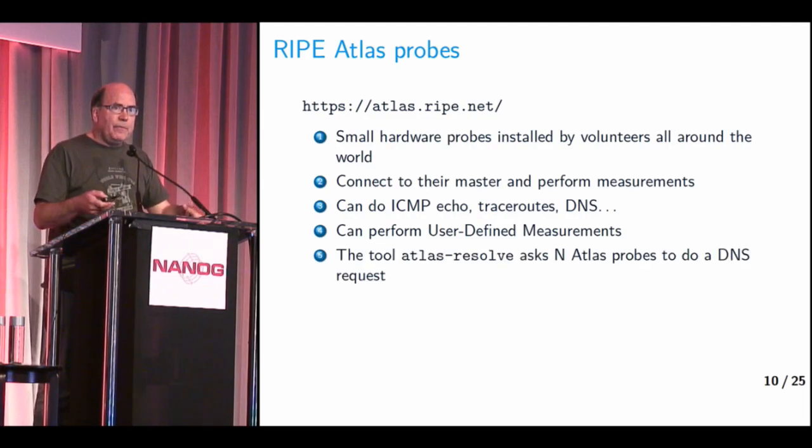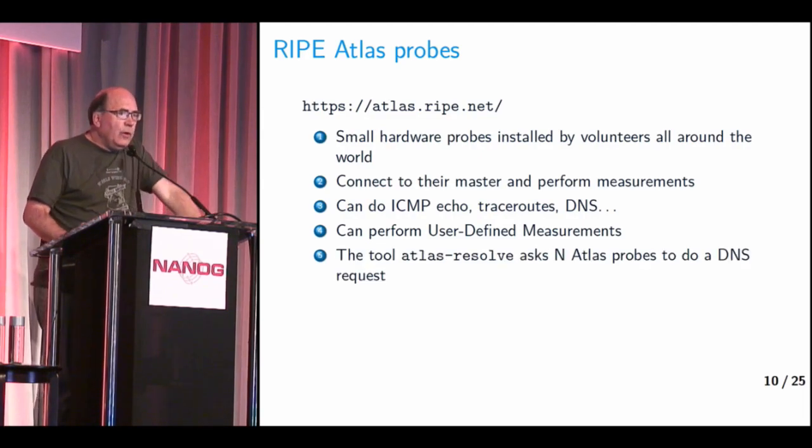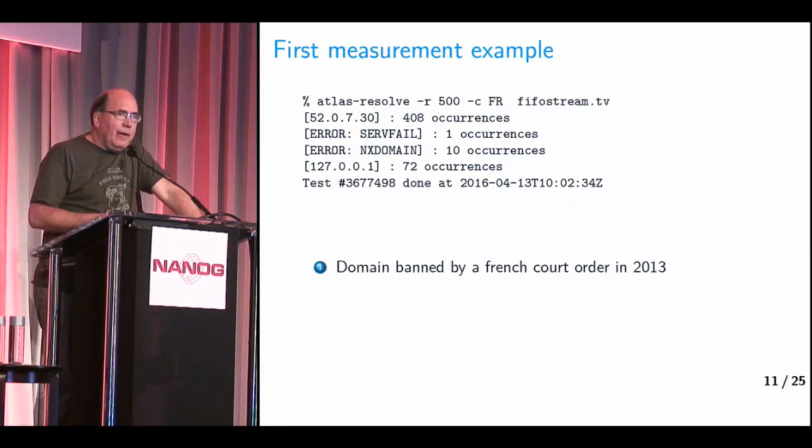I use for this a tool, Atlas Resolve, which uses the Atlas API to ask the Atlas system to run DNS requests on N Atlas probes. For instance, here is a use of Atlas Resolve. -r 500 means I want 500 probes.